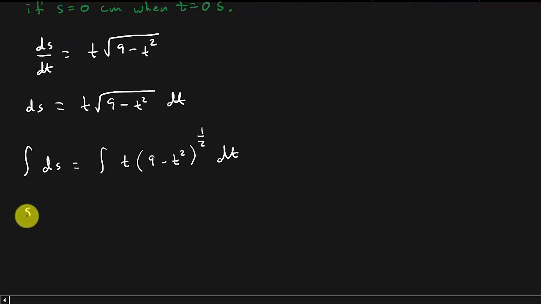And so this is going to give me s is equal to, all right, so here we need to use u-substitution. I'm going to let u equal what's inside the parentheses, so that's 9 minus t squared. And so du is negative 2t dt.